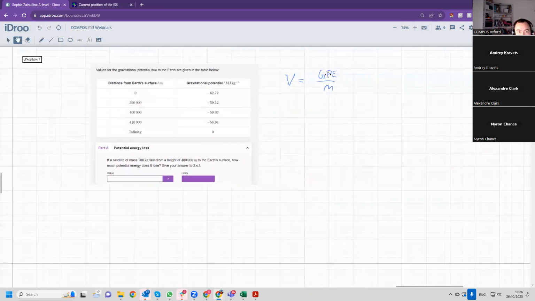Gravitational potential is the gravitational potential energy per unit mass. Shouldn't it add up to a constant? What's that? The value at the surface.